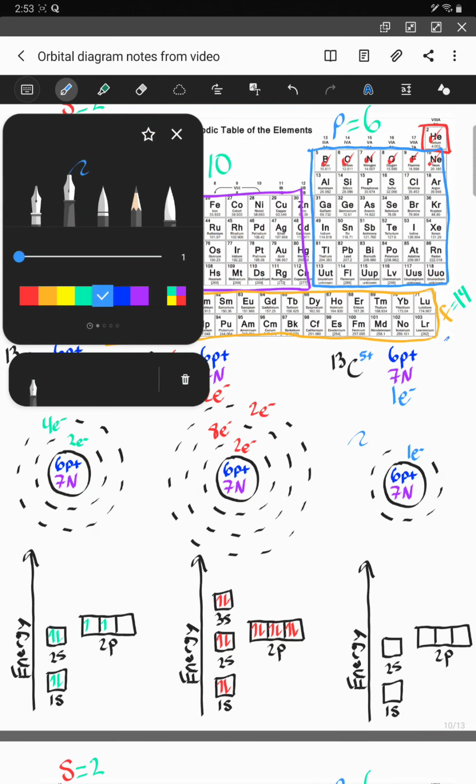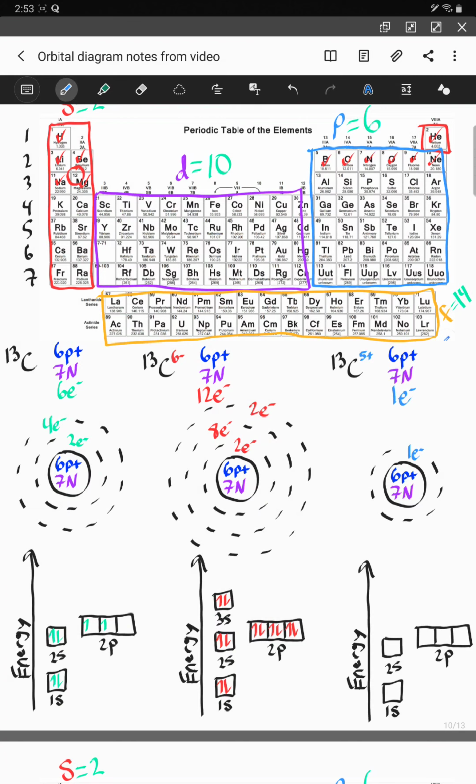Next, when I fill in my orbital diagram, I have 1 total electron in this ion. I can look on the periodic table and see what element has 1 total electron. Hydrogen has 1 total electron.